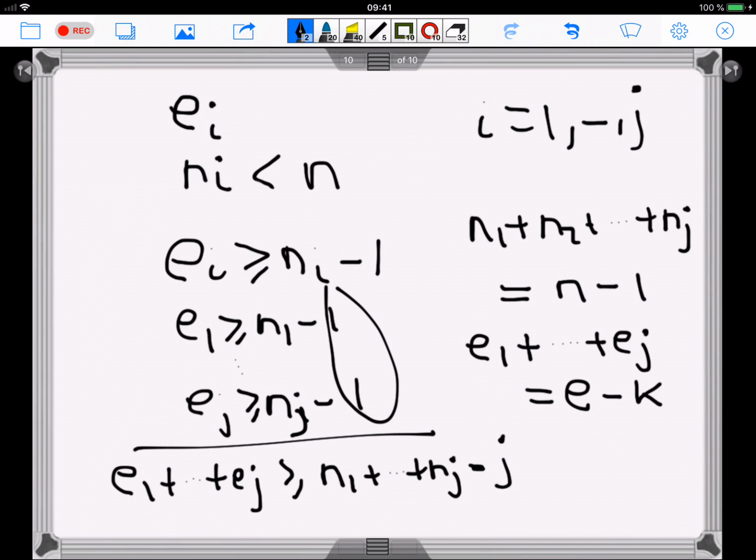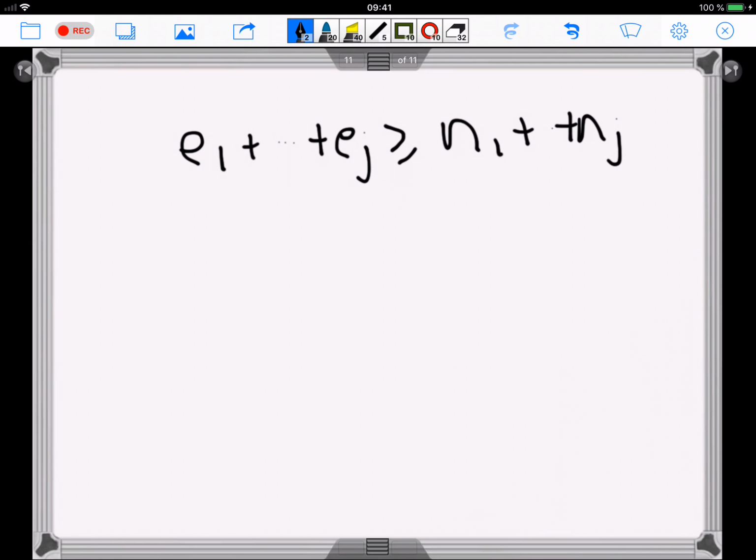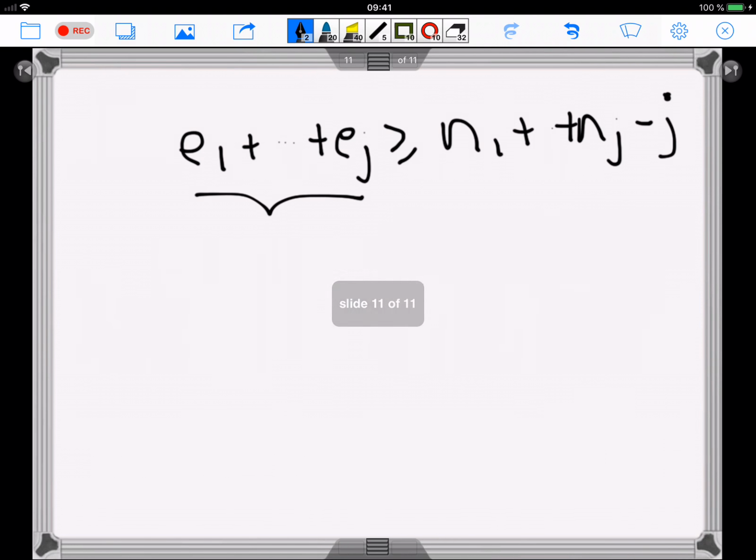Okay, but we know that this part here, let me carry this formula to the next whiteboard. So we have here this sum, which is greater than this other sum. Okay, and we knew that this sum is exactly e minus k.